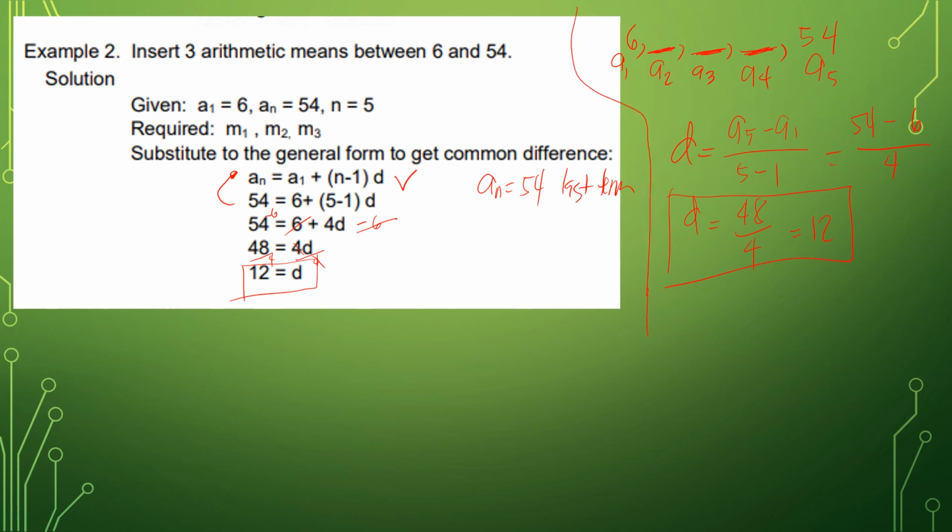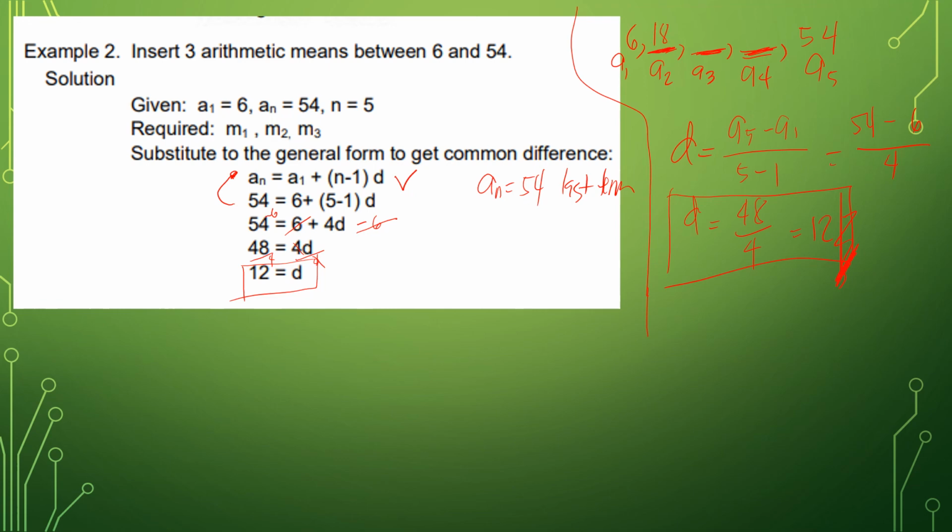Now, since we already have the value of D which is equal to 12, we can now insert the 3 arithmetic means. By adding the constant term, or 12, to the preceding term, we can obtain the next term. So, 6 plus 12 is equal to 18.